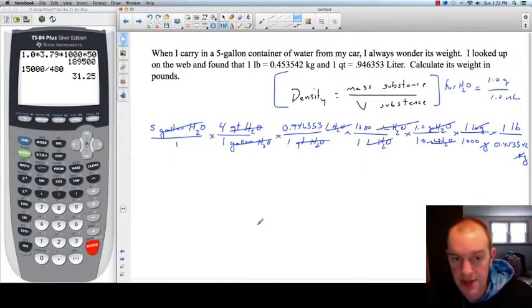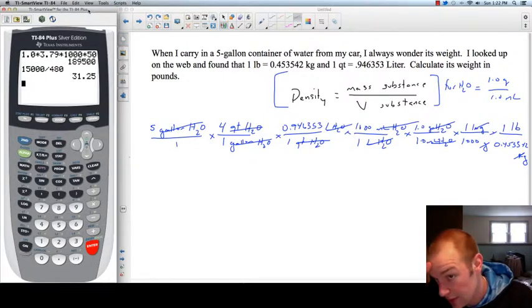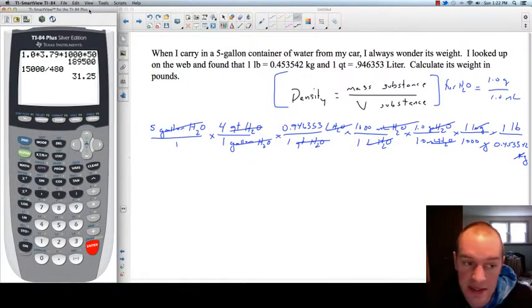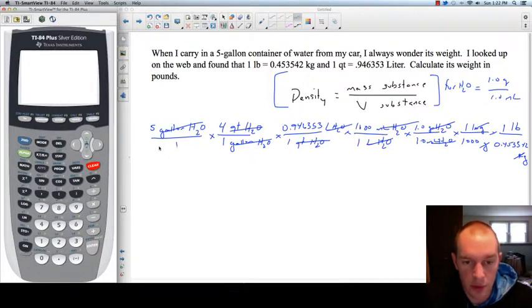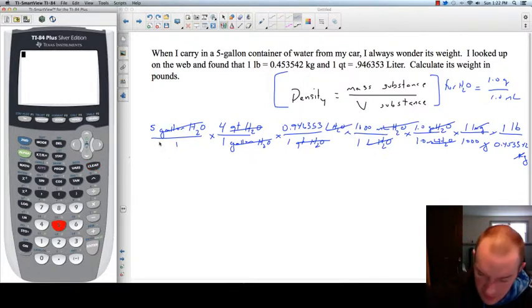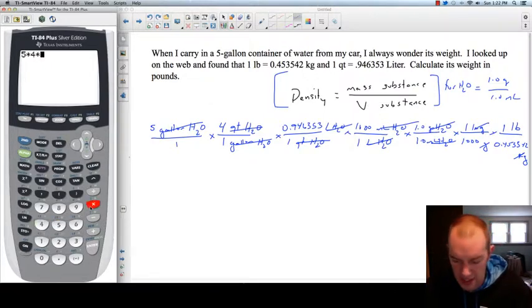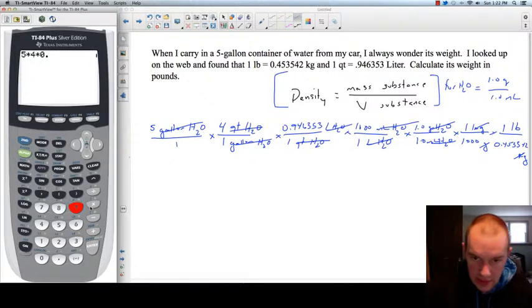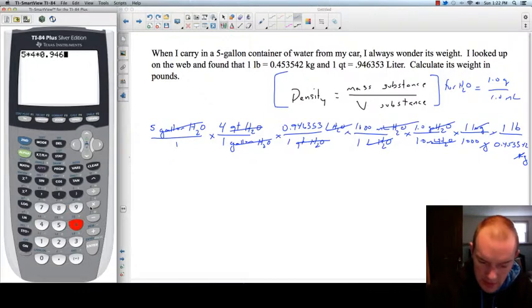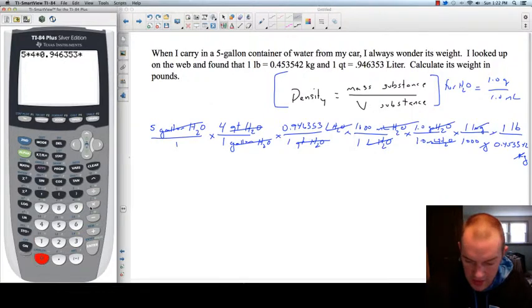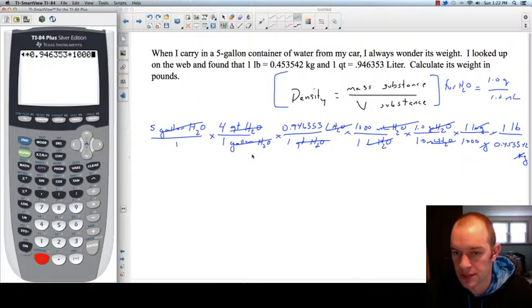This is a prime example of why we'd want to make sure that we simplify our entire numerator first, simplify our entire denominator second, and then simplify the entire thing altogether. So let's work our way through this. We end up with 5 times 4 times 0.946353 times 1,000 times, in this case, 1.0 times 1 times 1.